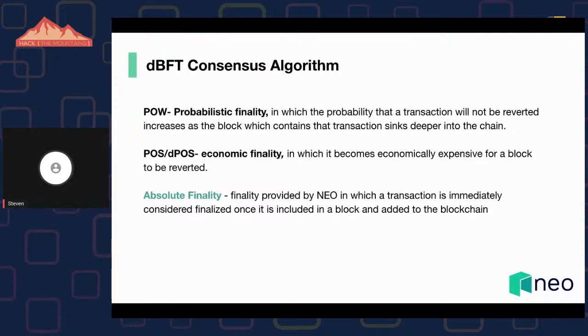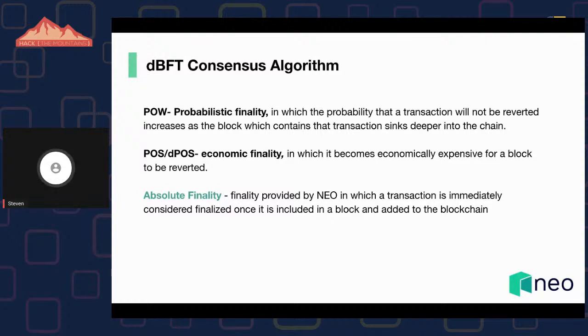If you want to produce a block, you have to do a lot of computation, which means you have some cost if you want to produce a block. And the probability is that the transaction will not be reverted, because if you want to revert a block in Bitcoin, you have to spend a lot of resources. And POS is called economic finality because that means you have to hold a lot of economic expenses for a block to be reverted.